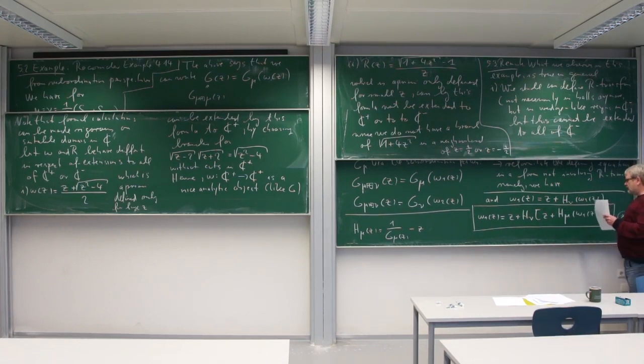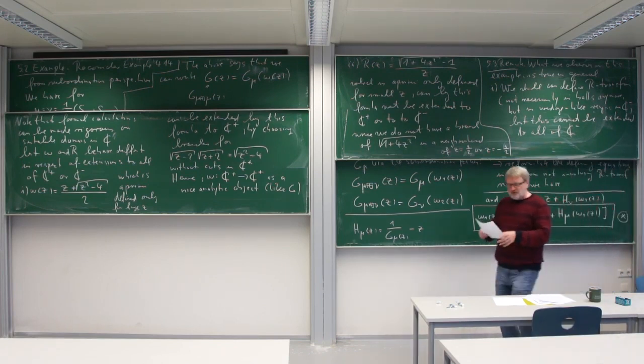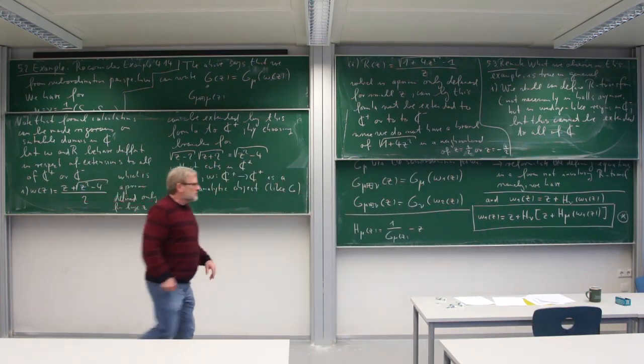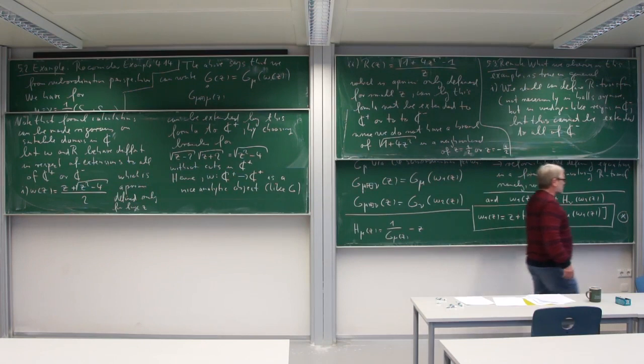They are analytic functions everywhere on C+. So this means what one has to show is that this has a solution everywhere in C+. So it's really understanding this fixed point equation. This is a nice fixed point equation which really has solutions not only in some strange domains, but really everywhere on C+.